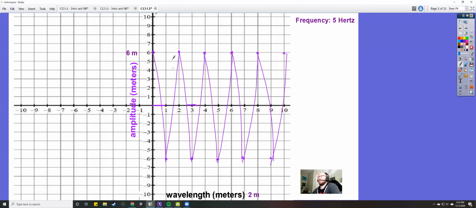Wavelength is a measurement from crest to crest, or if you're talking about a longitudinal wave, it's rarefaction to rarefaction or compression to compression. And that's also a distance, measured in meters, of course. And then frequency is the number of waves that you see per second, and that's measured in hertz. And that has an inverse relationship with wavelength. So the higher the wavelength, the lower the frequency.